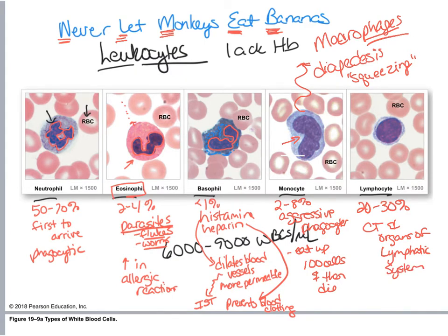Actually, next week, we're going to talk about the lymphatic system. It's part of your immune system. There's three different types of lymphocytes: the B cells, the T cells, and the natural killer cells. We'll go into that more in depth when we get to the immune system or lymphatic system.